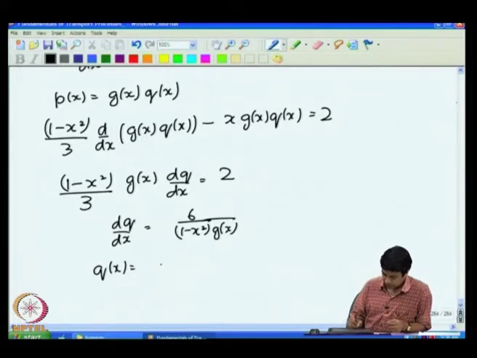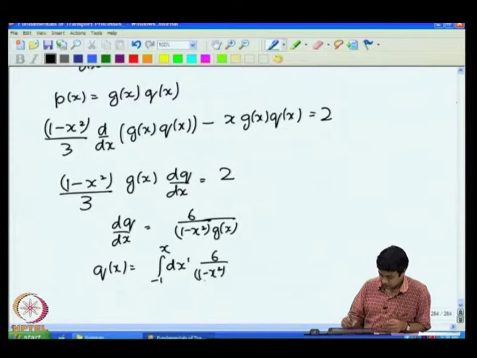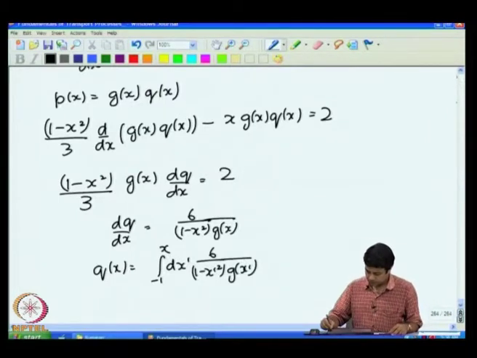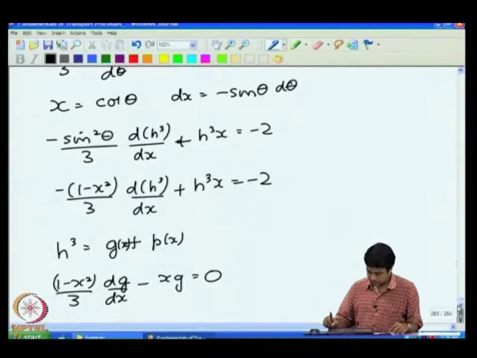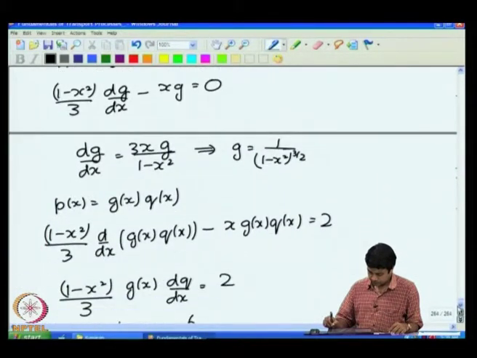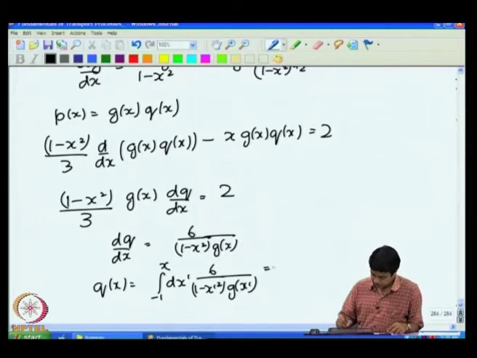Therefore, q of x is equal to integral from minus 1 to x dx prime 6 by 1 minus x square g. And since g was equal to 1 over 1 minus x square power 3 halves, this basically becomes integral minus 1 to x dx prime 6 into 1 minus x prime square power half.